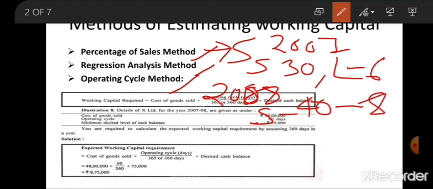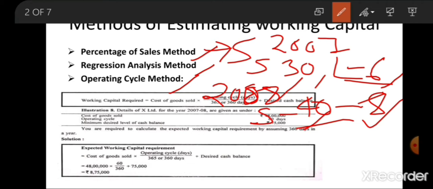That is 20% of sales. Here the working capital requirement is 20% of sales. Sales is 30 lakh and the working capital requirement is 6 lakh, which is 20% of sales. Similarly, in 2008, if sales is 40 lakh, then the working capital requirement is 8 lakh, that is 20% of 40 lakh.